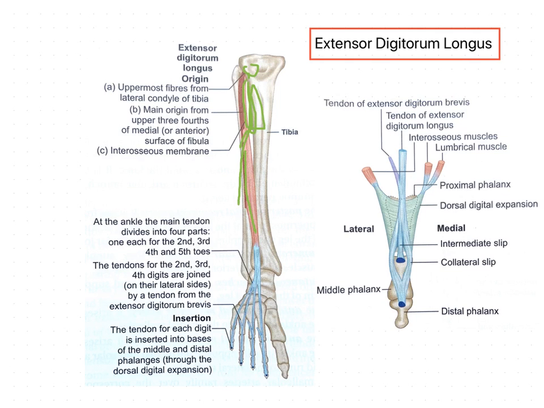If you see its insertion, it divides into 4 tendons for the lateral 4 toes. This one we can compare with the extensor digitorum in the hand, which also gives 4 tendons for the medial 4 fingers.